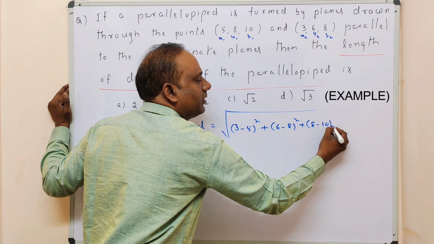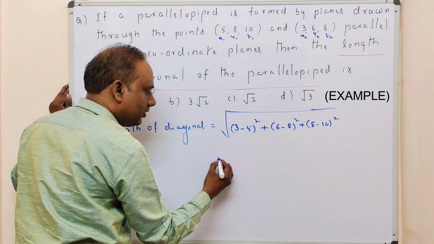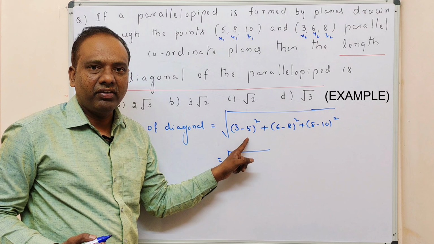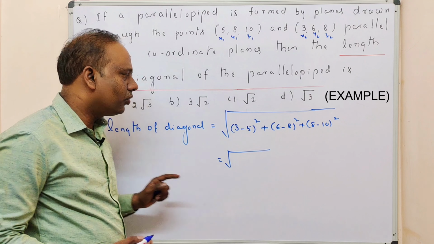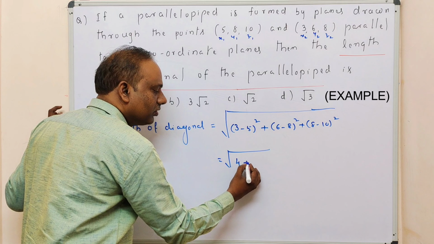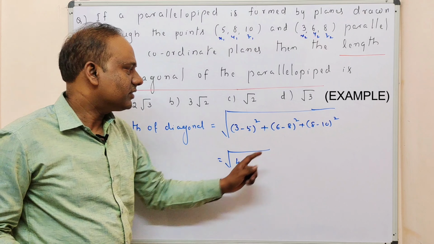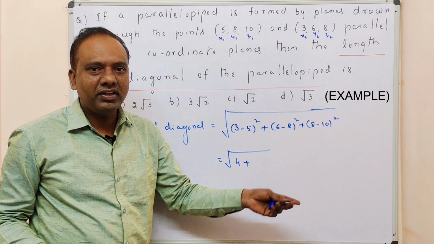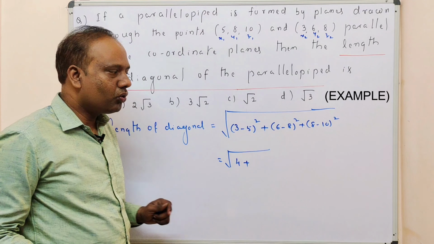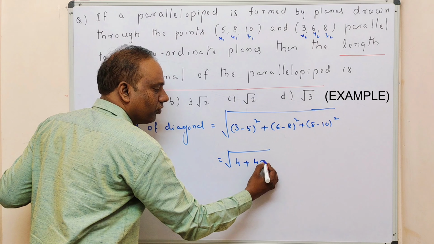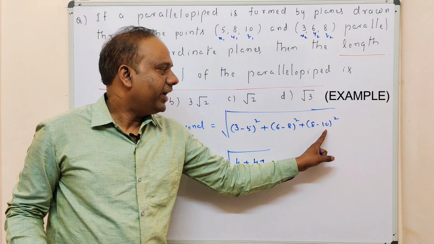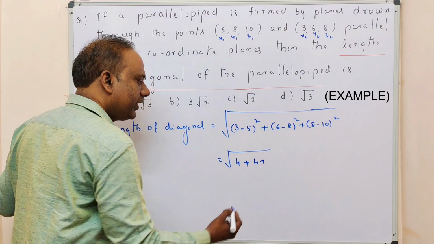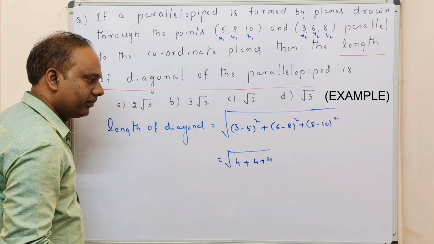so 8 minus 10, whole square, is equal to the square root of, here 3 minus 5 is minus 2, minus 2 whole square is 4. Next 6 minus 8 is also minus 2, minus 2 whole square also 4, and 8 minus 10 also minus 2, minus 2 whole square is 4.